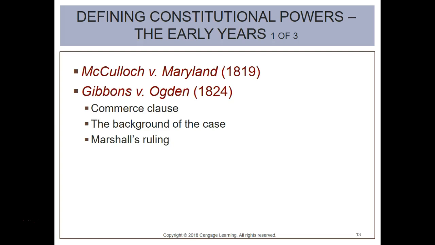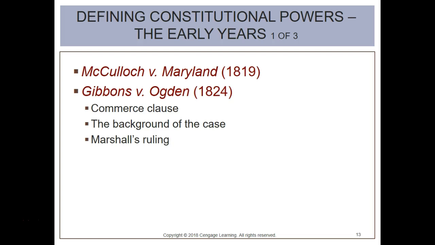Gibbons versus Ogden, another good example of defining the federal government's power. Ultimately, Justice Marshall ruled that states had no authority in governing any type of interstate commerce.